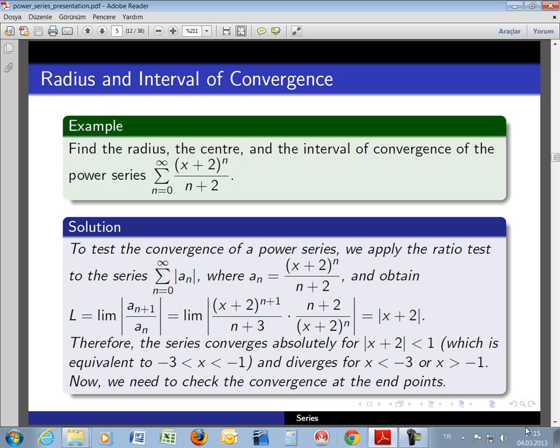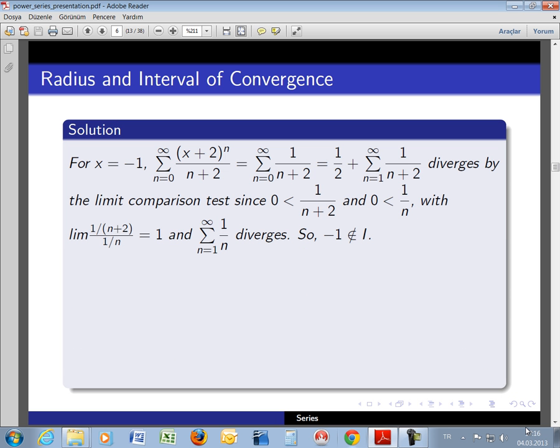But this is not all, because at the endpoints of this open interval, a power series may converge or diverge, and those cases should be checked one by one. For example, if x equals -1, then this power series (x plus 2) to the power n over (n plus 2) becomes the series sigma 0 to infinity 1 over (n plus 2).